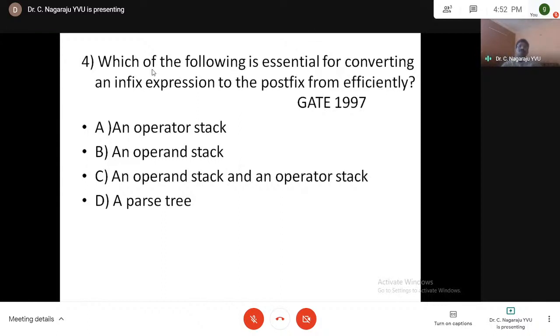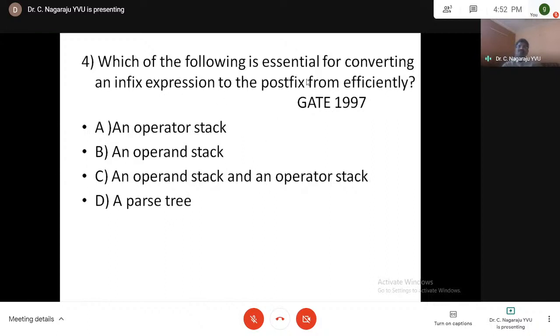So according to that, which of the following is essential for converting an infix expression to postfix efficiently? The options are an operator stack, an operand stack, both operand stack and operator stack, or a parse tree. Which one is the correct answer?